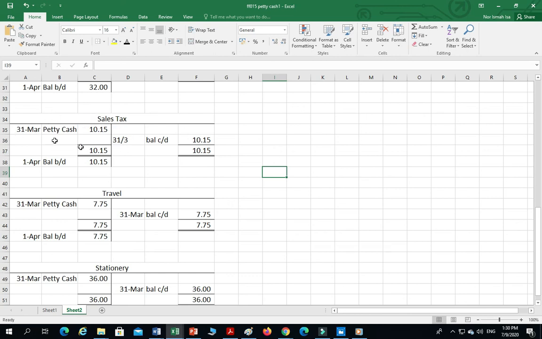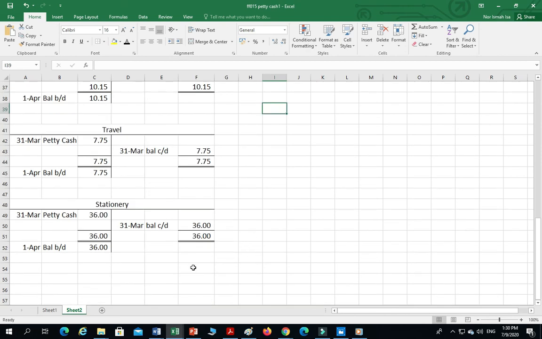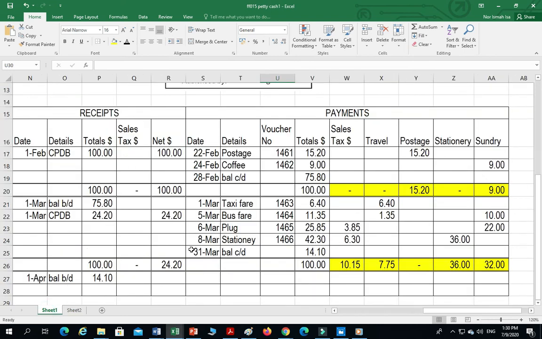So all are posted in the same sales tax account here. So this account is only one account and is posted from many day books. So please remember this when you are doing your group work.